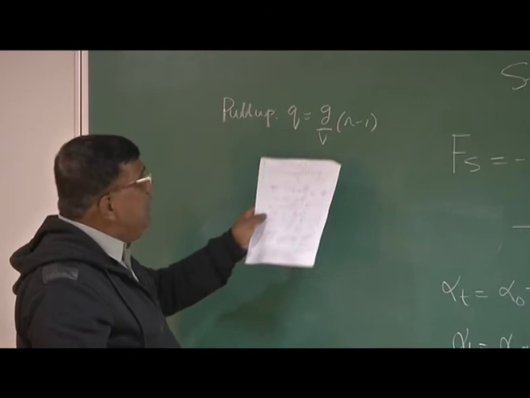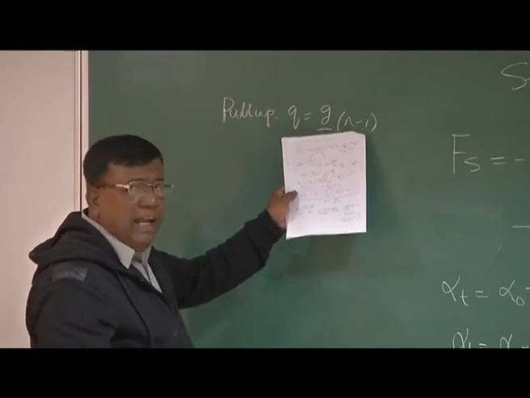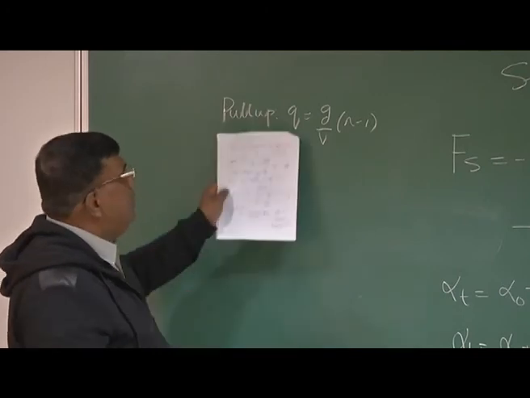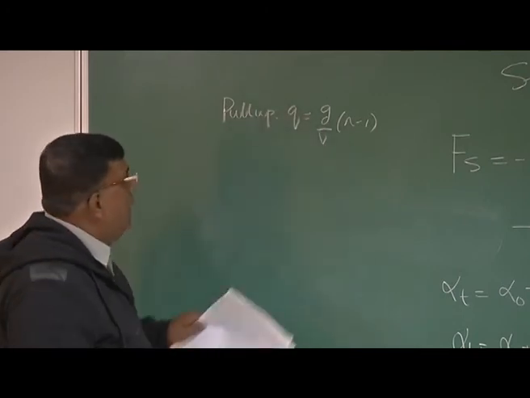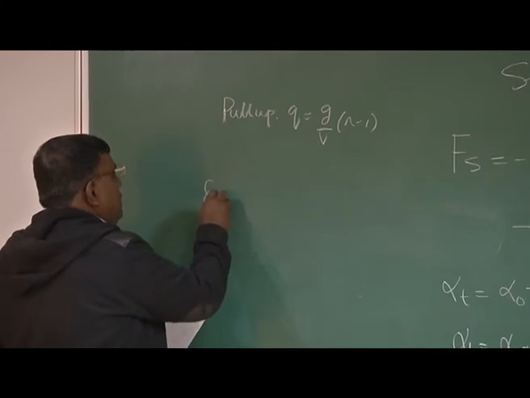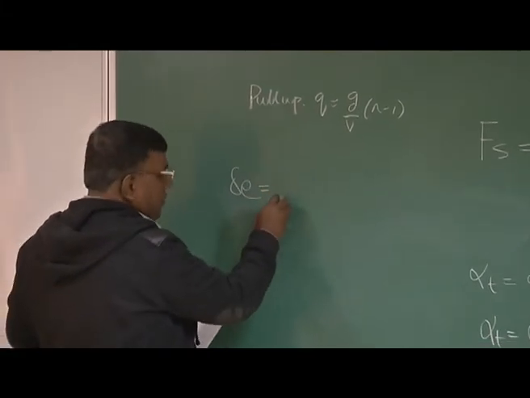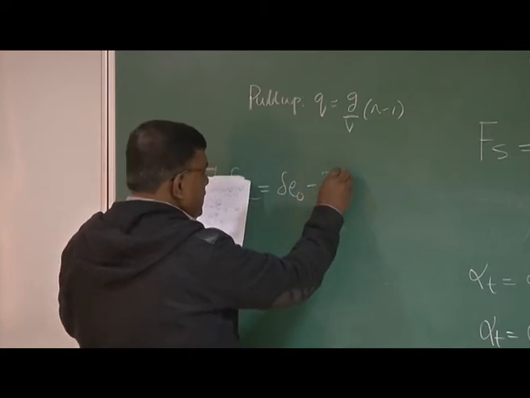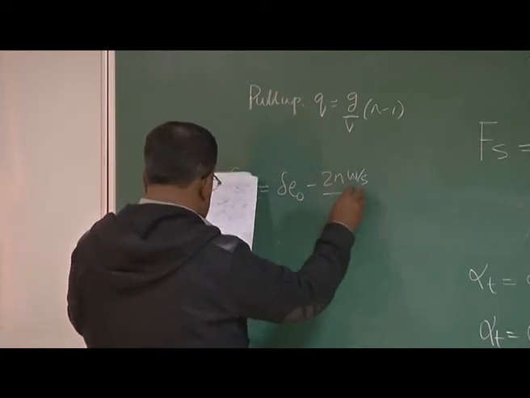What is the meaning of that? If I want to generate this much load factor n at a speed V, then the Q, the pitch rate, should be given by this relationship. And then what we said, because of this Q, I have to be careful. I have to ensure that the elevator is corrected.